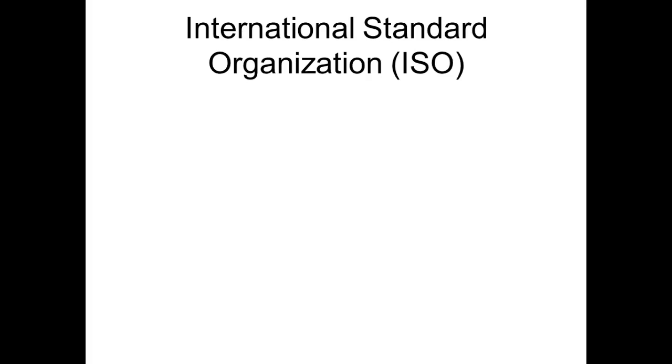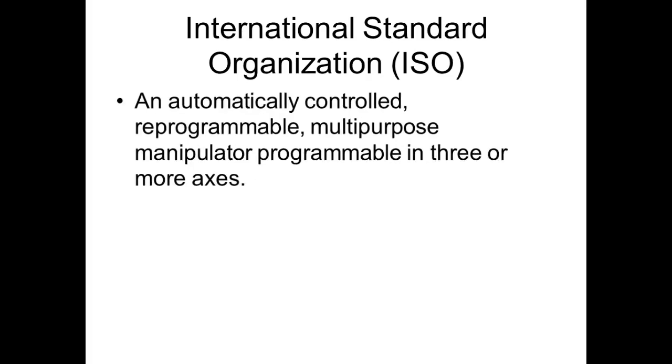So the International Standards Organization, or ISO, defines this as a robot. Now this really gets away from all these wide categories of robots, right? It says an automatically controlled, so that takes me out, right? You understand that. Reprogrammable multi-purpose manipulator programmable in 3 or more axes.